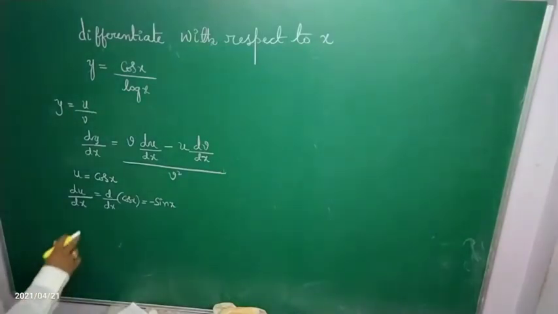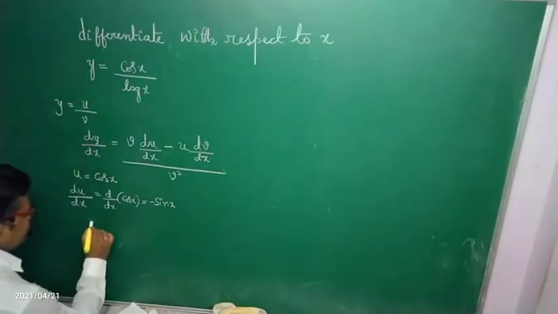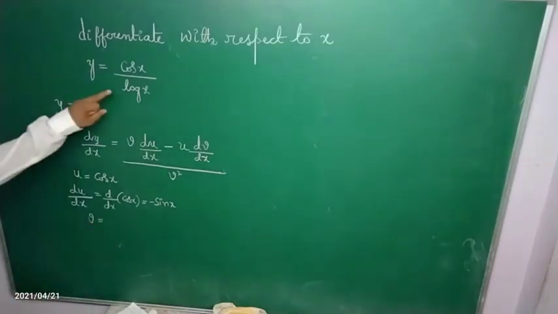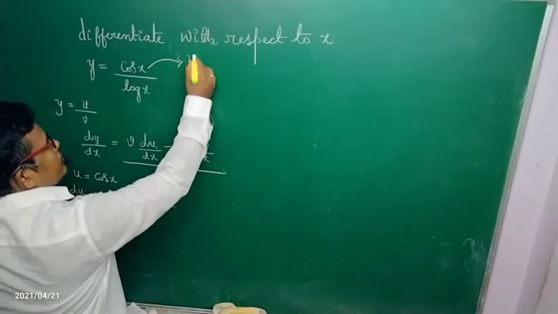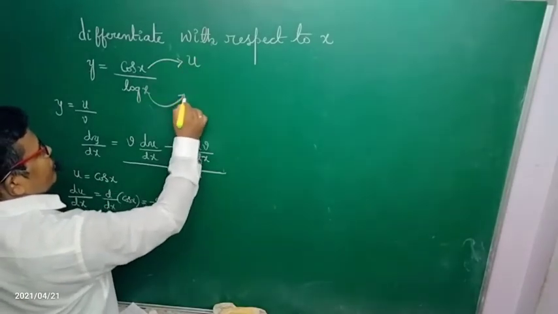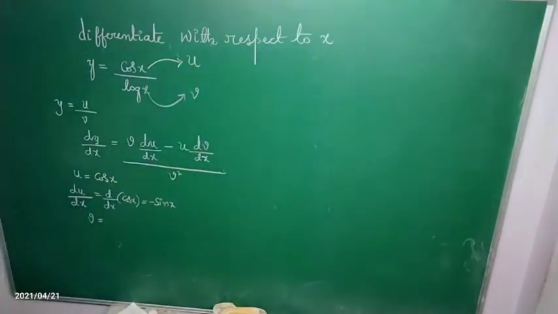And v, what is v here? Log x. So this is u and this is v. Okay, v is log x.